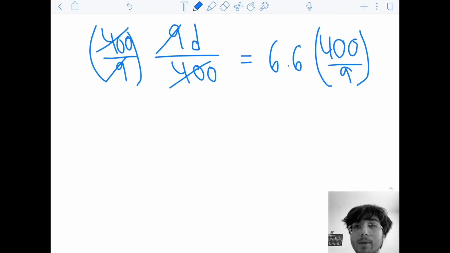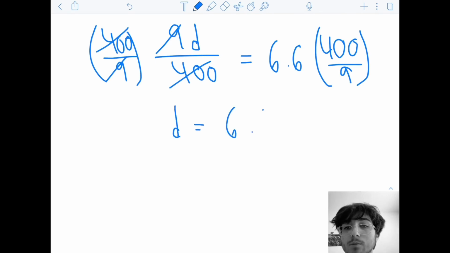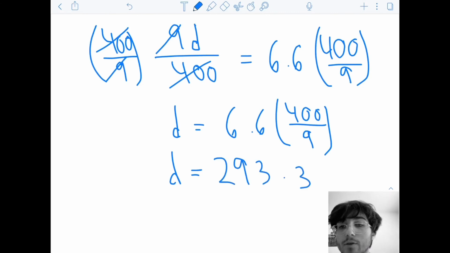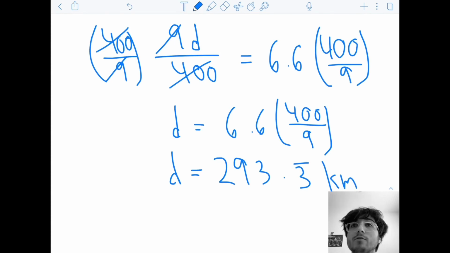Or you could just separately multiply by 400 and divide by 9. So you're going to be left with d equals 6.6 times 400 over 9. So d is going to equal 293.3 repeating kilometers.